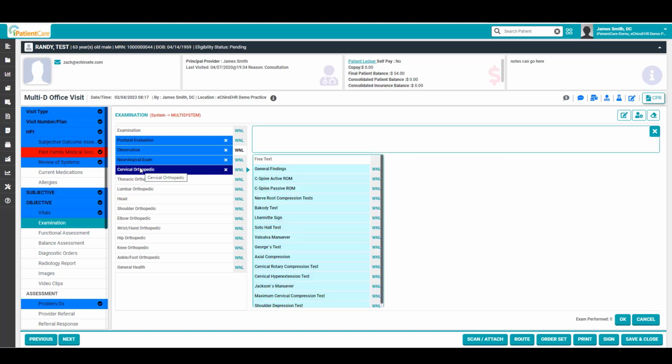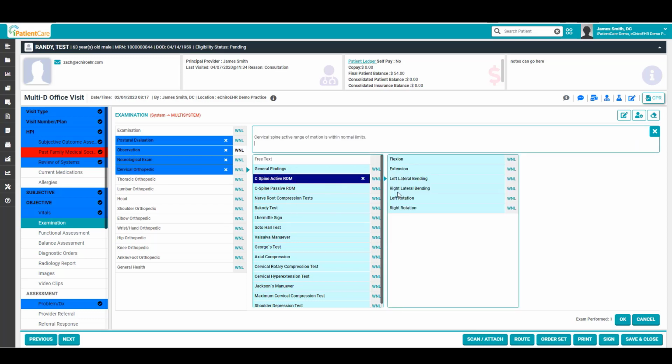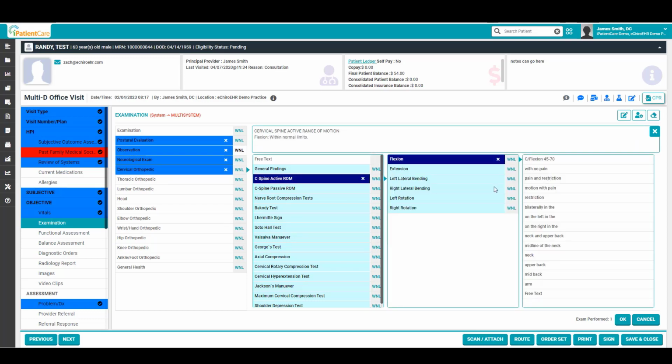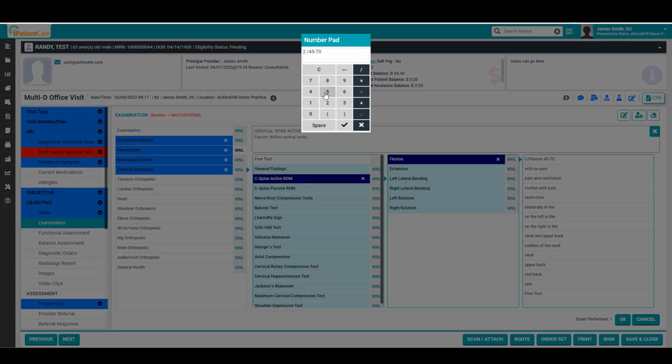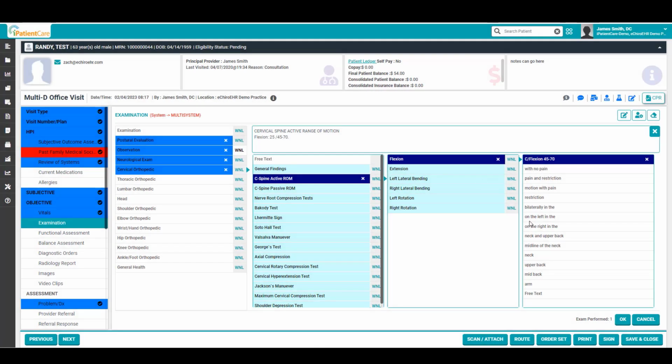And then under orthopedic exam, and in particular cervical orthopedic, but we also have these systems set up within the other regional exam systems: active range of motion, passive range of motion. And of course, you can identify in the range of motion exactly what that degree was, if you like, as well as any other qualifying features that occurred with that in range of motion.